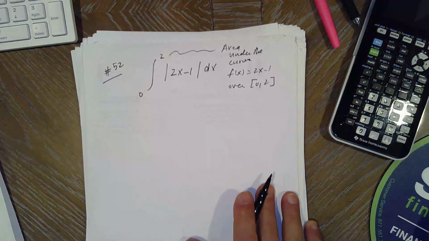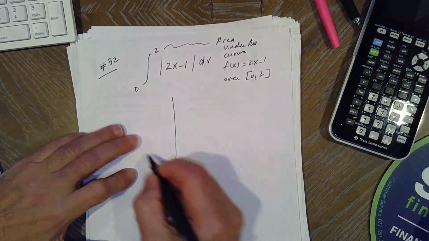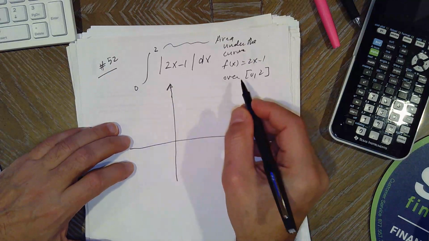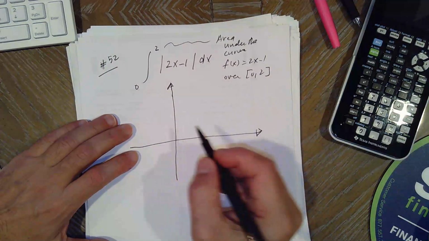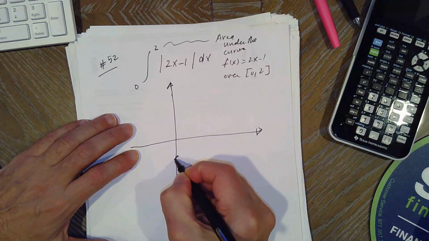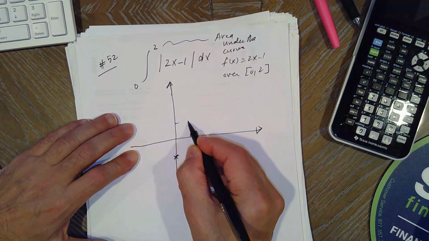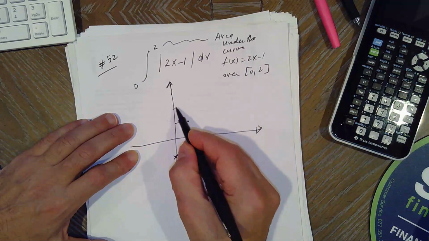So let me just explain that. If you graph it, you can see what I'm going to do. f of x equals 2x minus 1 between 0 and 2. f of 0 is negative 1. f of 1 is 1. And f of 2 is 3.